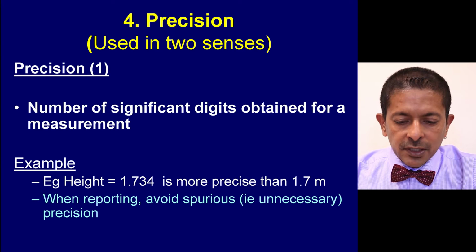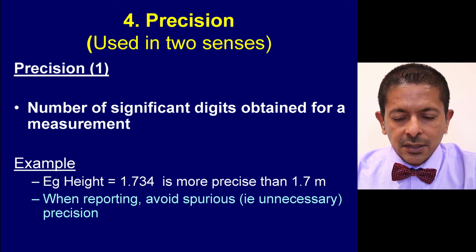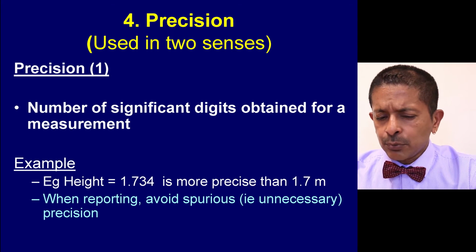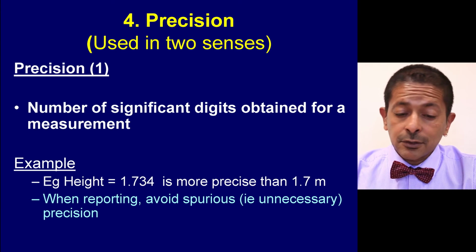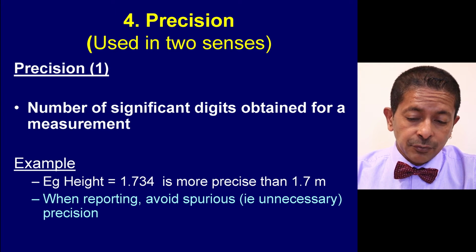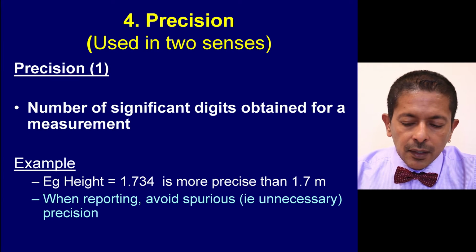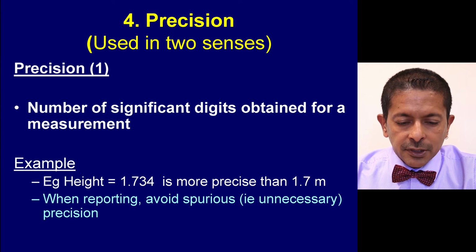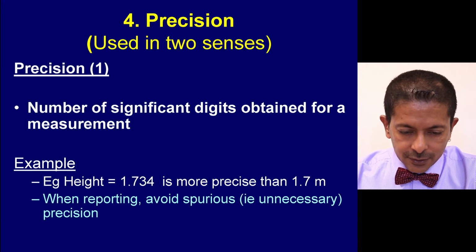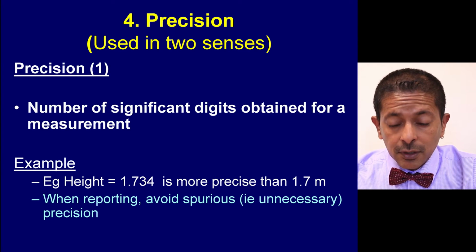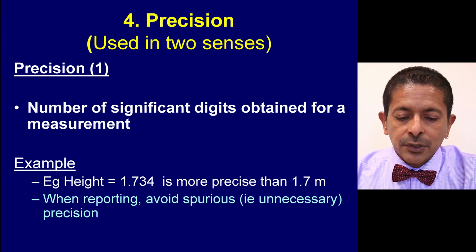Now, you rounded off the significant digits in the second example. Now, is that important? Should we be recording 1.734 or 1.7? It really depends on what you're looking for. If you are in a height competition, then you would like to use the first. If not, you might just use 1.7.